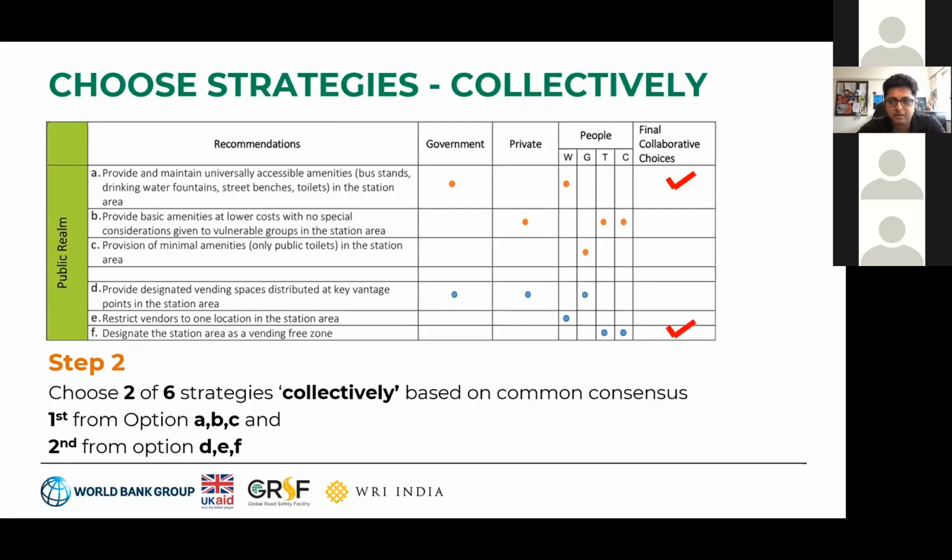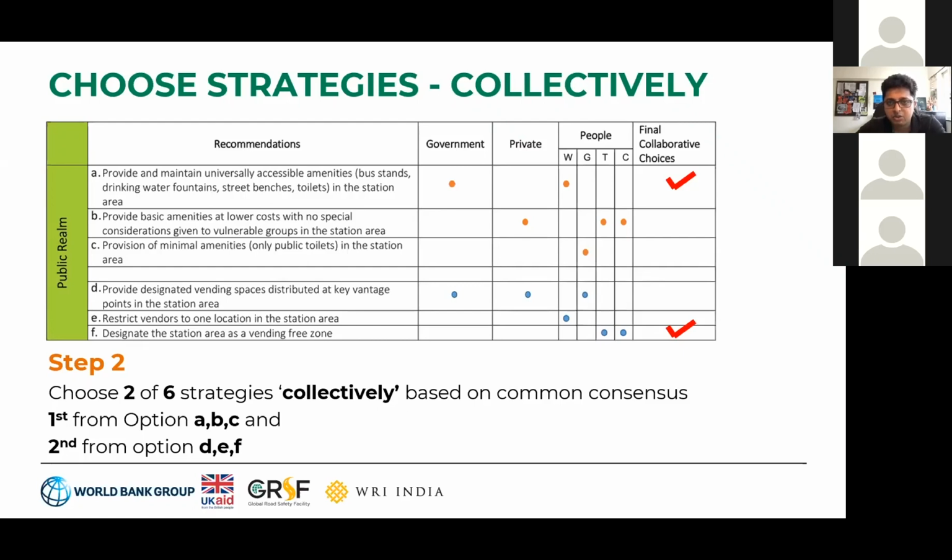Abhishek, next. As stage two, once all of you have picked your individual recommendations out of these two sets of strategies, you discuss as a group, and you have to come together with one option, in a similar way, one among the first three and one among the second three. This last table will be a collective decision by the group based on your respective requirements.